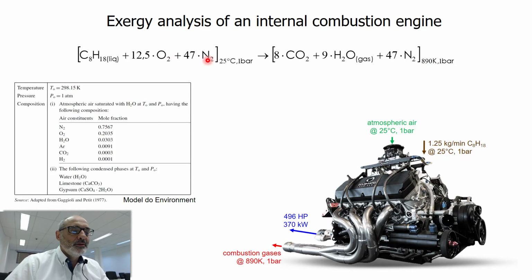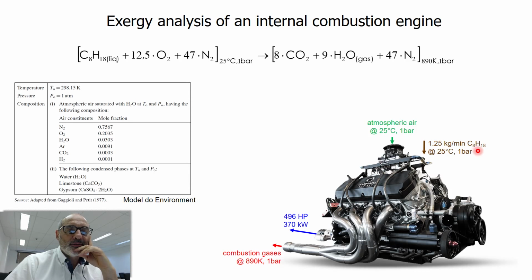So all reagents enter at 25 degrees, 1 bar, and at the exit we have 1 bar, 890 Kelvin. So the temperature increases, and the pressure is the same. So this is given. A combustion gas is 890 Kelvin, 1 bar. Atmospheric air, 1 bar at 25 degrees.